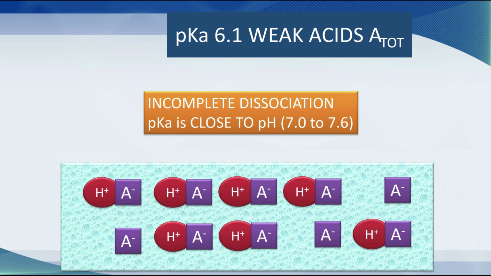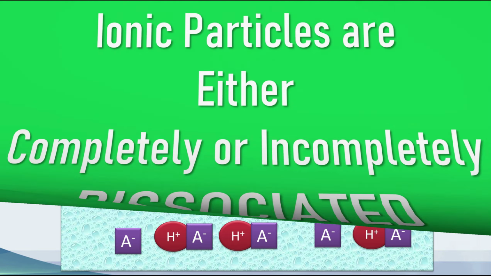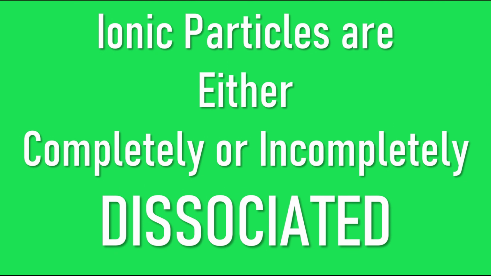This is important because these particular acids are capable of acting as buffers. When the pH falls, they become more associated, so they pick up hydrogen ions and act as buffers. These weak acids include bicarbonate, albumin, and hemoglobin. So ionic particles are either completely or incompletely dissociated. Completely dissociated ionic particles are strong ions.